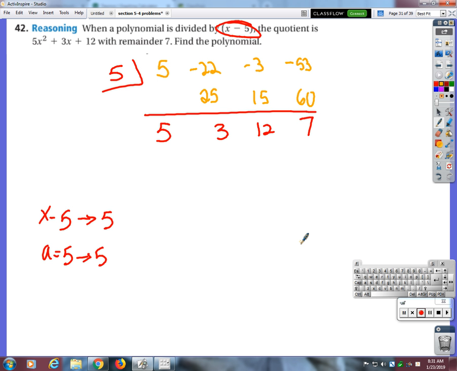So since our answer was an x squared, what does our original thing have to be? Yeah, x cubed. So this would be 5x cubed minus 22x squared minus 3x minus 53. If we divided that by x minus 5, then we would get that as an answer. Okay?